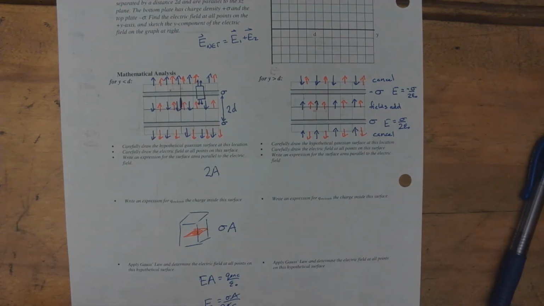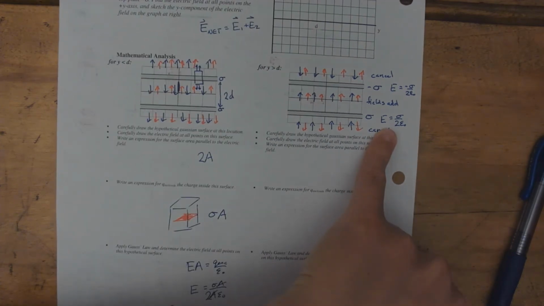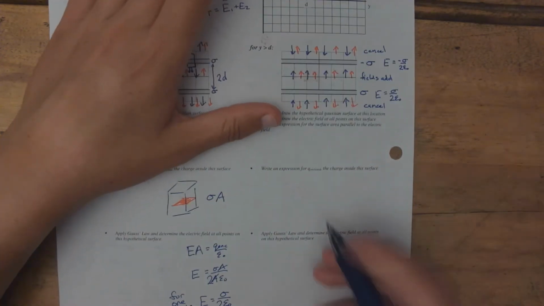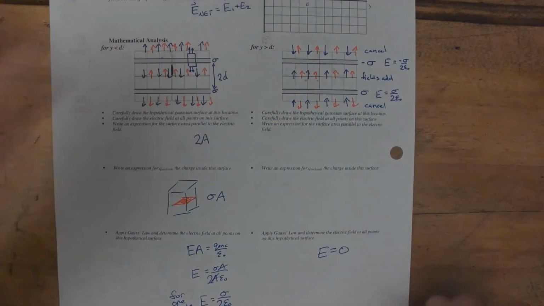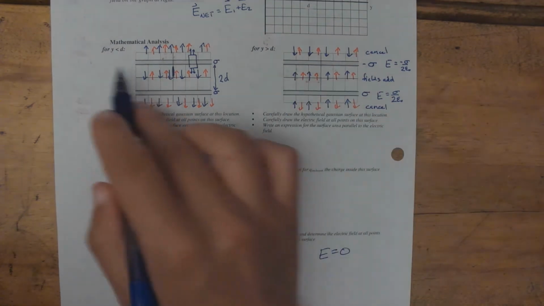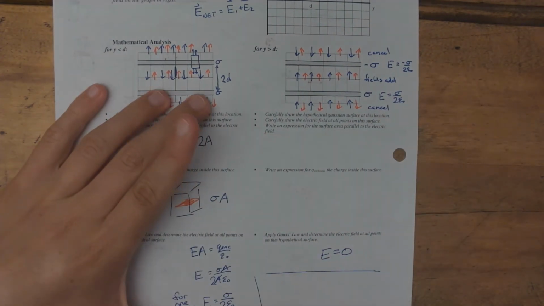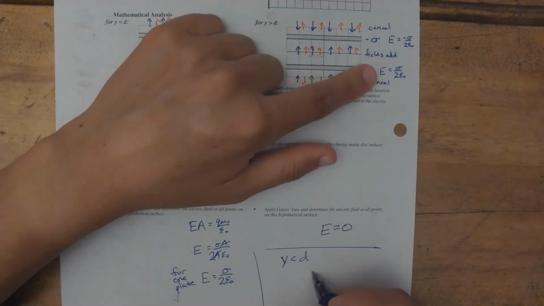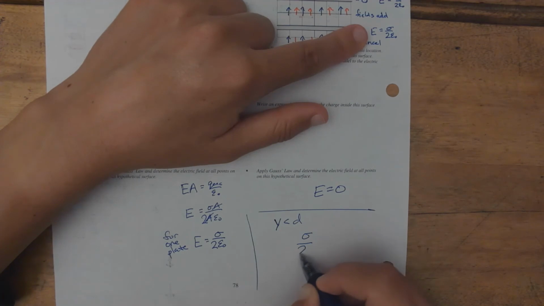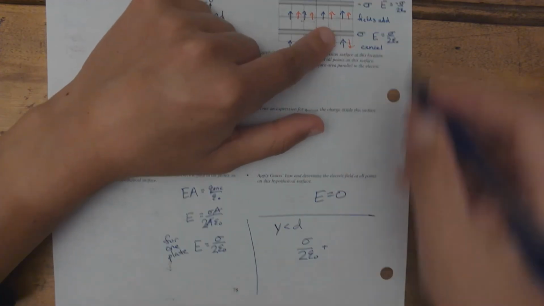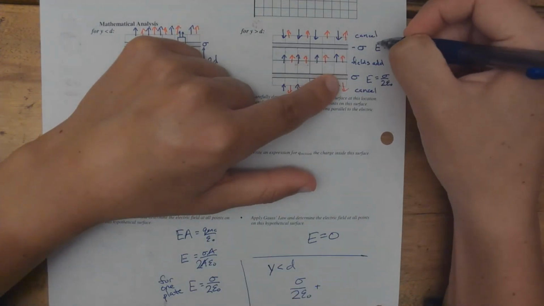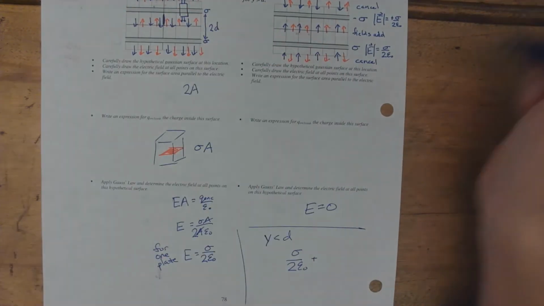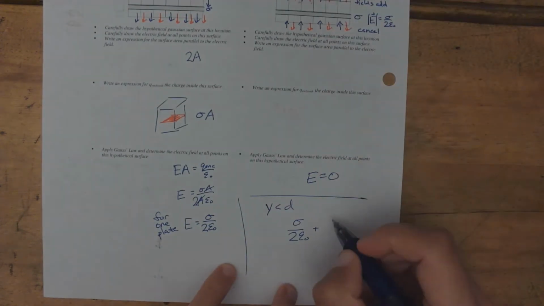So this is the way I'm going to answer the question. I'm going to say we have this magnitude for each plate, canceling out here, so when y is greater than d, the electric field is equal to 0, and when y is less than d, the fields add together, so that'd be sigma over 2 epsilon naught plus sigma over 2 epsilon naught. Maybe I should just say the magnitude of the electric field is this, and we took care of the direction there.